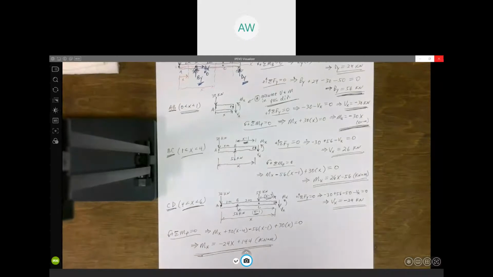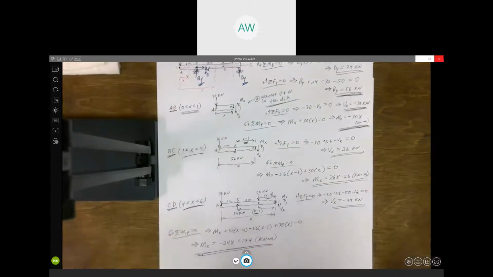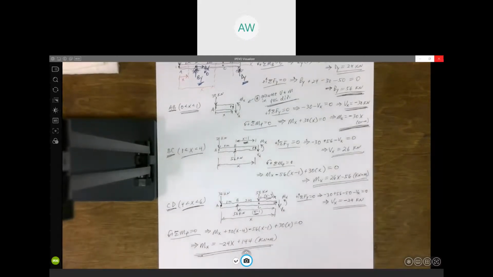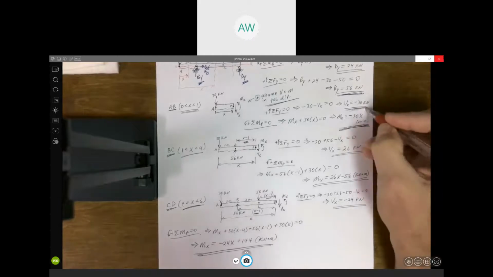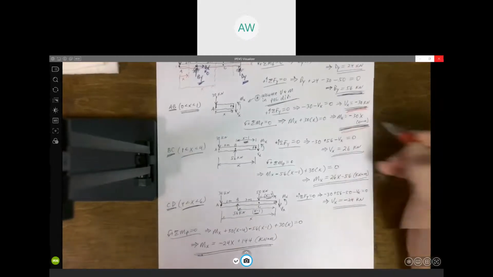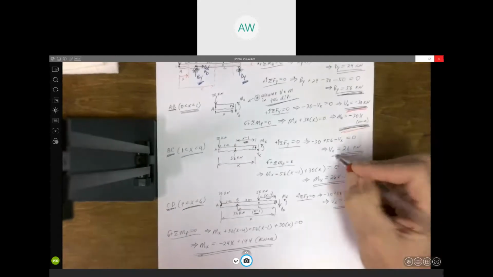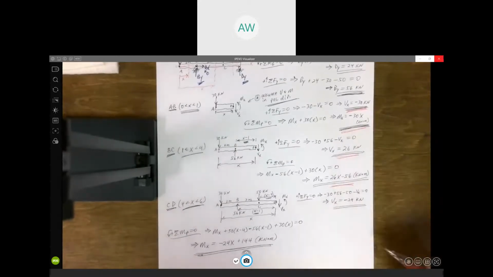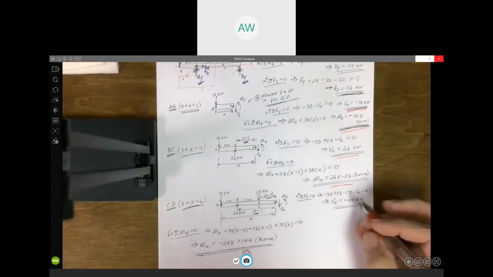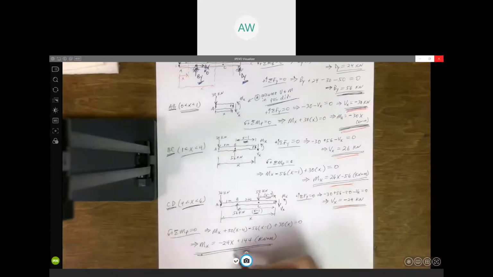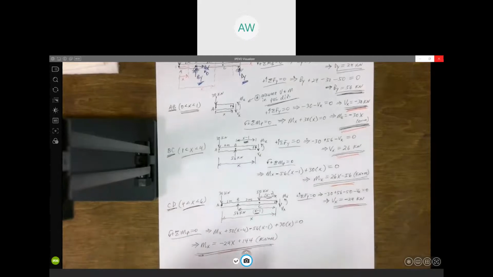Right, so again, the work here is not hard. It's simple 2D equilibrium. There's nothing new or exotic about what we're doing. And we have found formulas for V and M for section AB, found formulas for V and M between B and C, and now we got formulas for V and M between C and D. So now it's just a matter of graphing this.